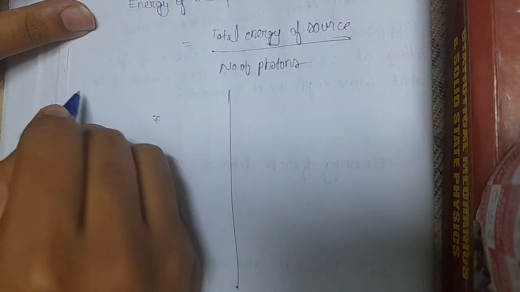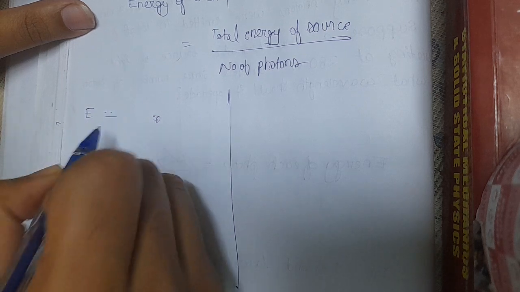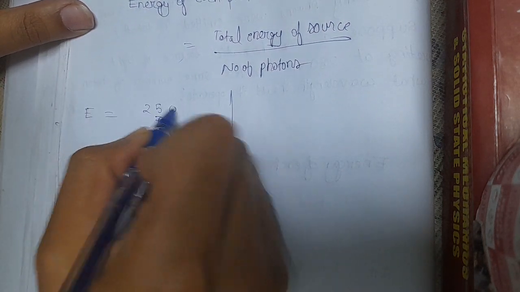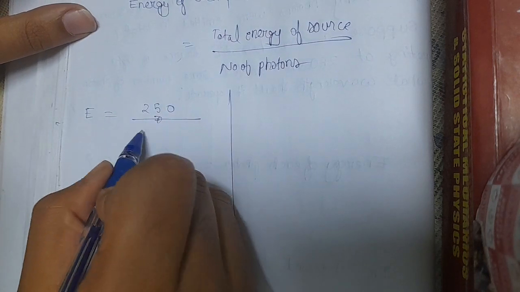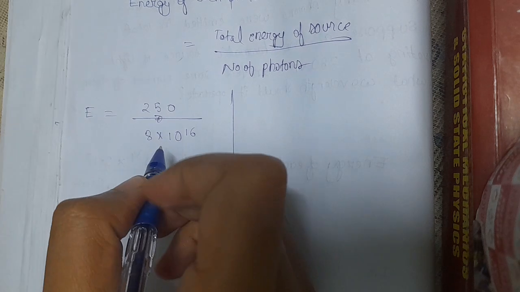Okay, so I'm doing rough work only in two sides. The first side: energy of each photon denoted by E. So 250 divided by 8 into 10 to the power 16.